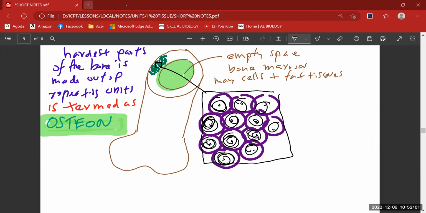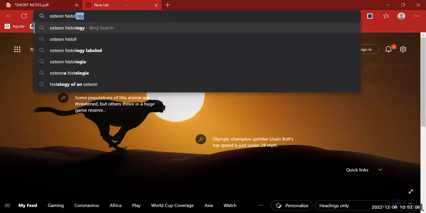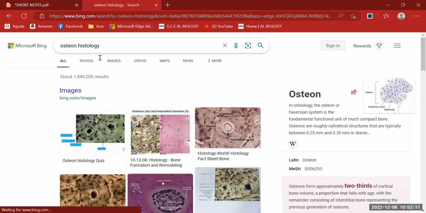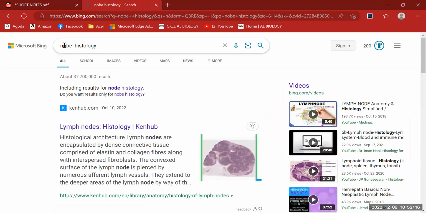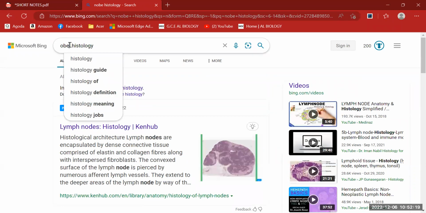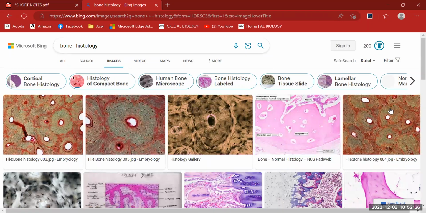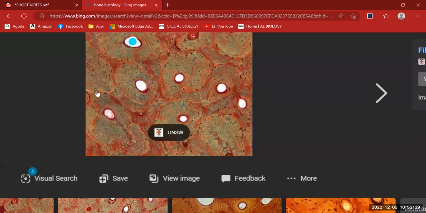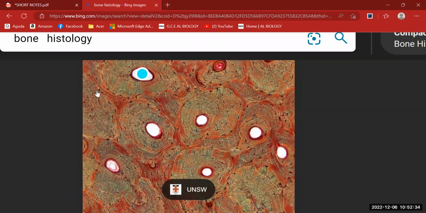So I can show you the real picture of an osteon, how it looks. We can consider this as an example. This kind of circles are called osteons.